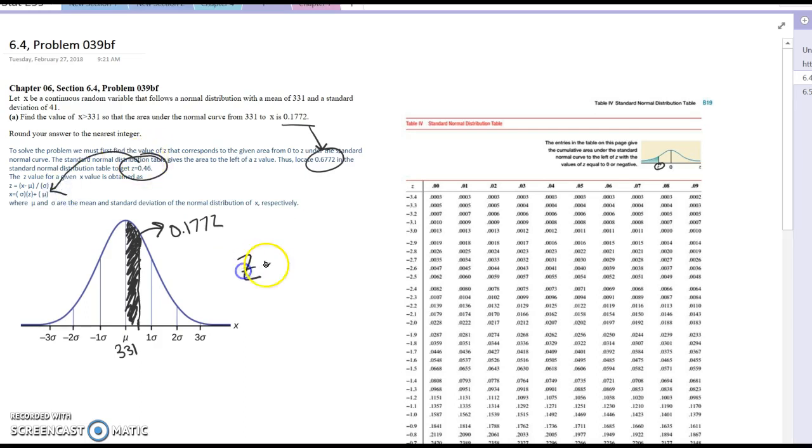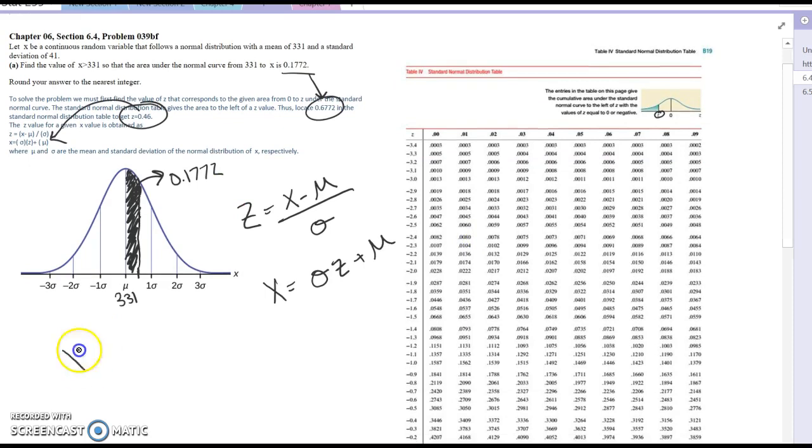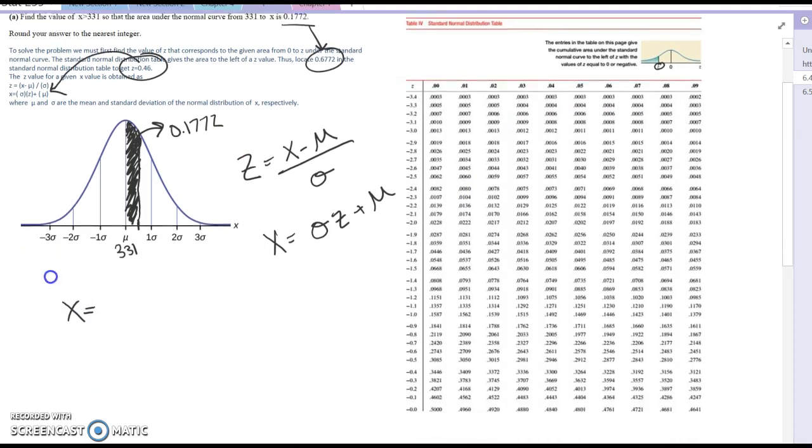And you know z is found by taking x minus the mean over the standard deviation. So if I solve for x, I get the standard deviation times z plus the mean. And if I do that, I should be able to find the x. So what do we have? Standard deviation is giving us 41.